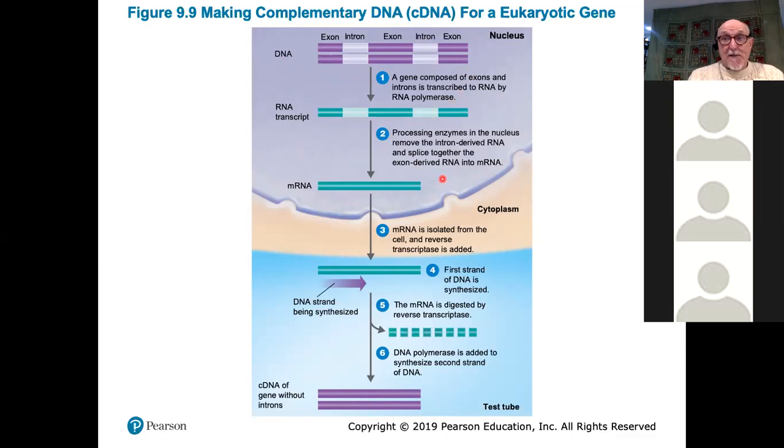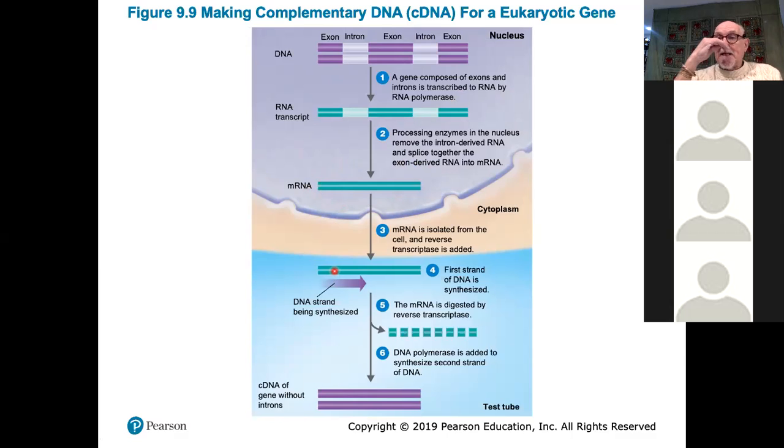And this is what it is. What we do in working with eukaryotes is, instead of extracting the DNA, we can extract the mRNA product of a gene, and we're going to work with that. One of the things that we can do is take a substance called reverse transcriptase.